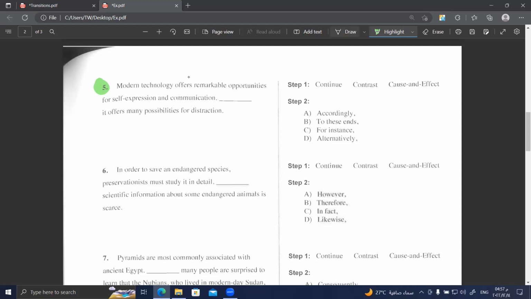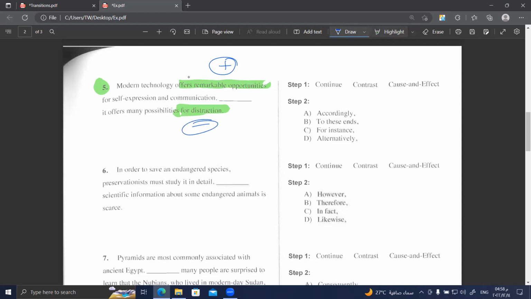First of all, play positive, negative game. What comes before? Modern technology offers remarkable opportunities. Wow. Of course, it is positive. What comes after? It offers many possibilities for distraction. Of course, it is negative. That is a bad thing.